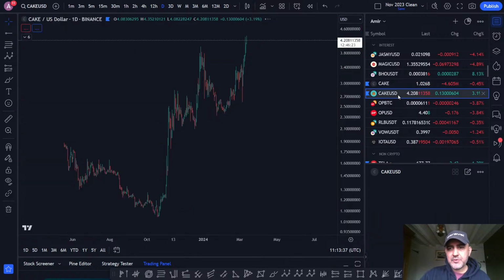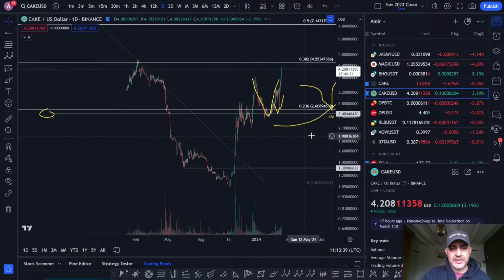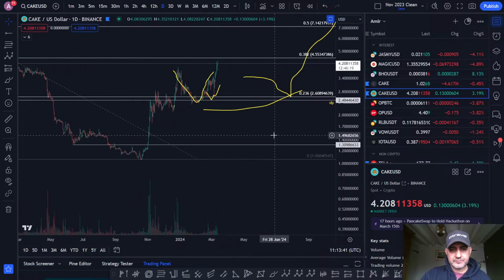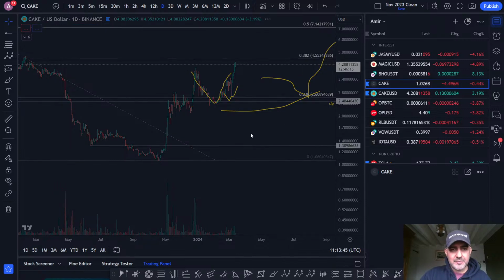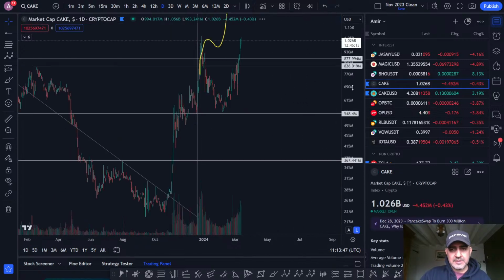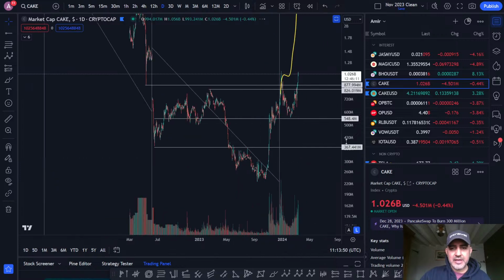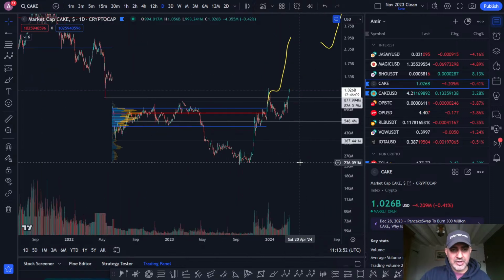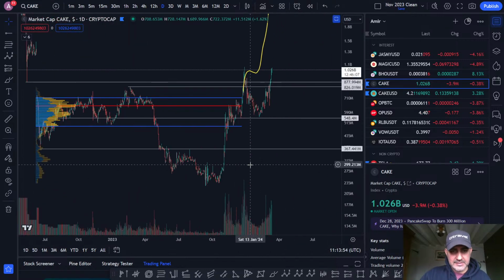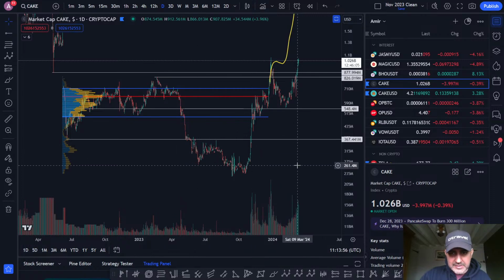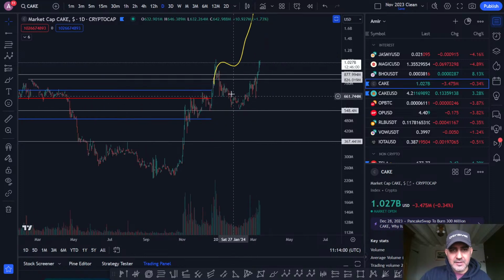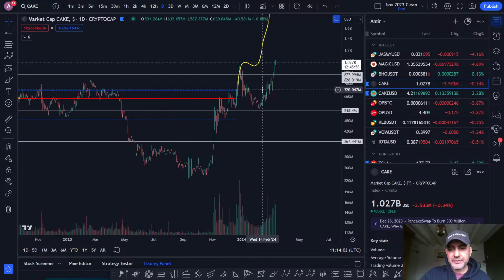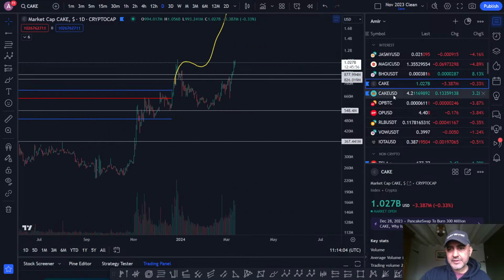Cake, oh my god, $4.2. Crazy. I was looking at the cake market cap. Sometimes when I trade, I trade the market cap. I don't actually trade the price. And I was looking for it here when it crossed these highs. Oh my god, that's a V shape on the market cap on cake.